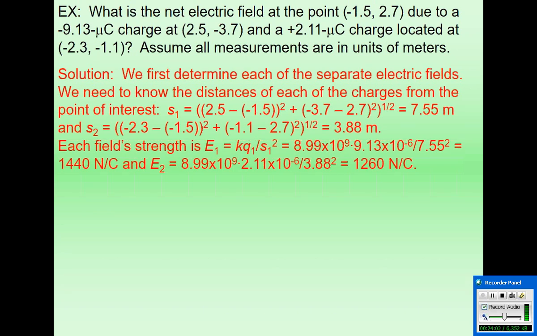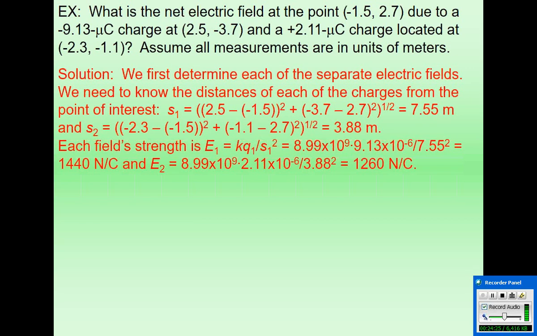It goes as K times Q1 over S1 squared. We plug in our numbers, we get 1,440 newtons per coulomb. We do the same thing for the second charge, and we get 1,260 newtons per coulomb for the electric field strength.